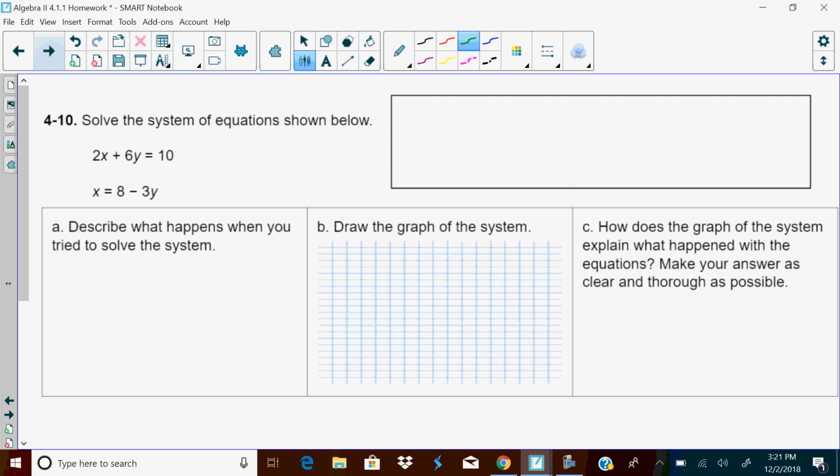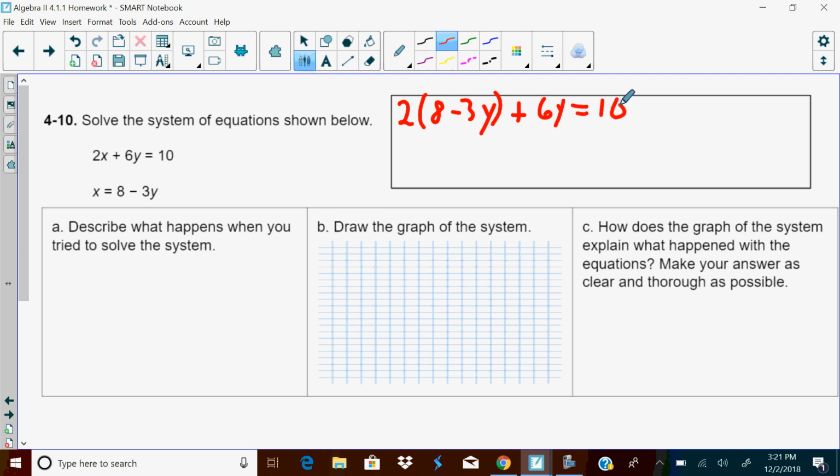Problem number 10, solve the system of equations shown below. So I'm going to plug in x, so I get 2 groups of x. x = 8 − 3y, plus 6y = 10.